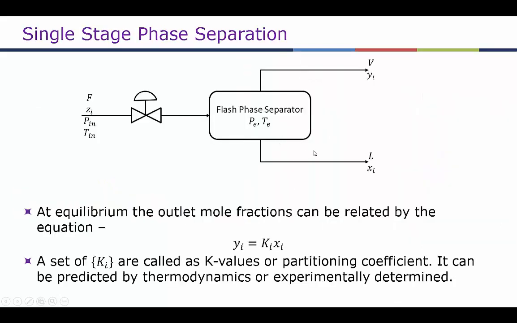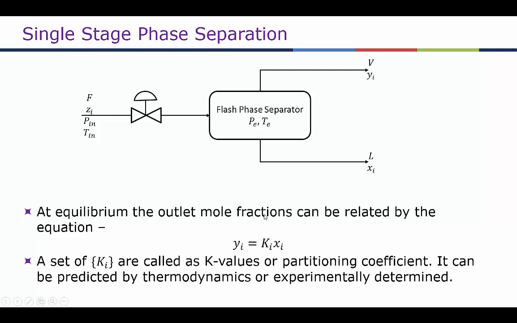To be able to calculate the composition of the vapor and the liquid coming out of a phase separator, we can use what is called the equation for the partitioning coefficient. So in this equation, the mole fraction of the gas phase, given by yi, is equal to the mole fraction of that component in the liquid phase, given by xi, multiplied by the partitioning coefficient Ki.